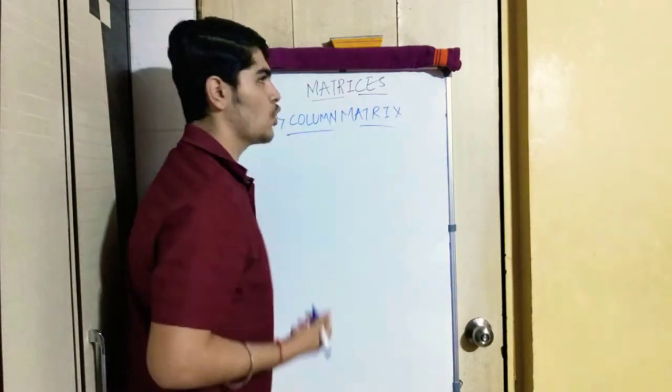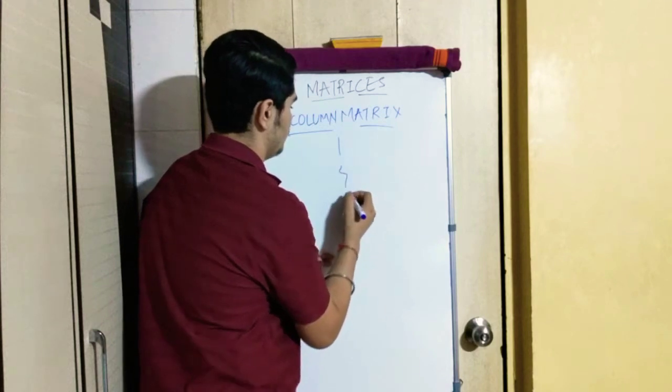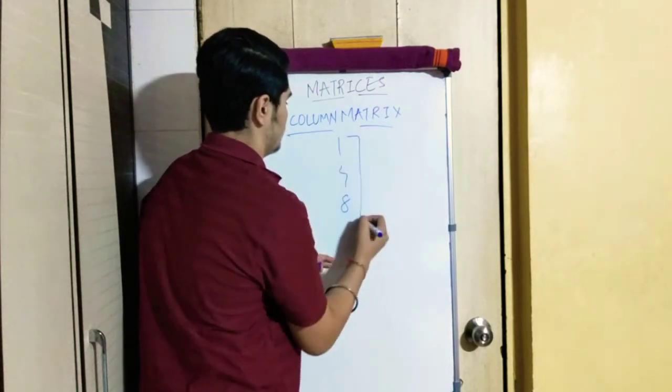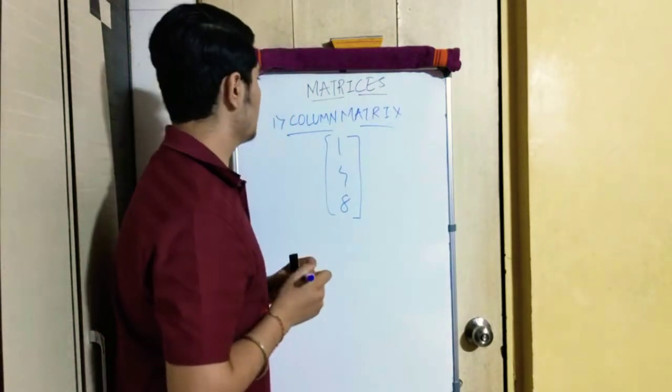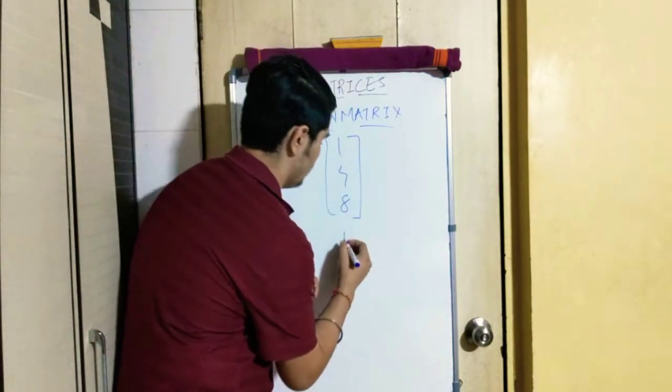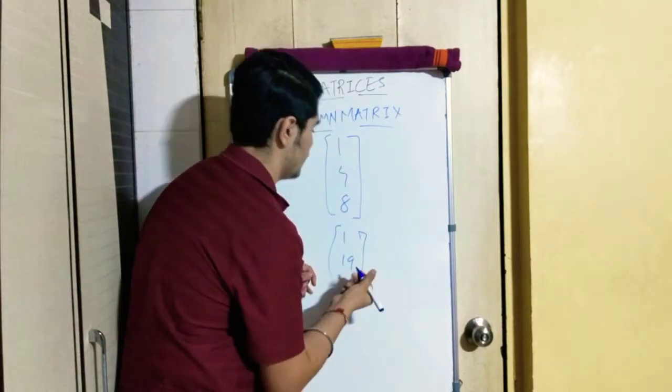column matrix. A column matrix consists of only a single column. Suppose 1, 4, 8. This is a single column. Or 1, 19. This is a single column.